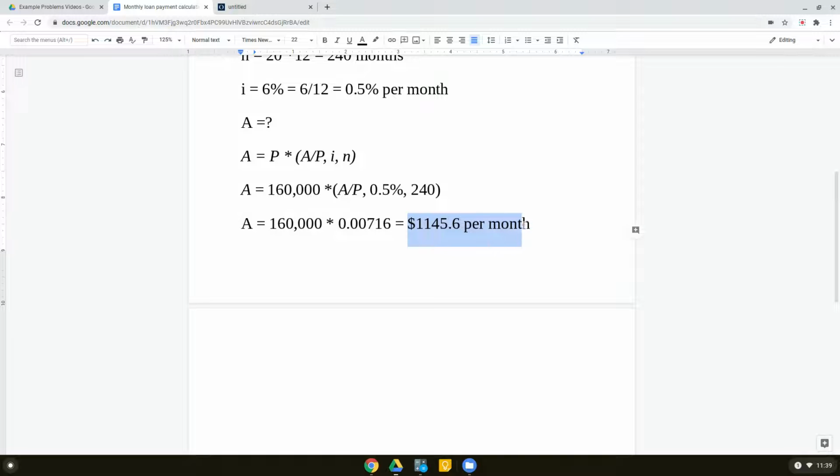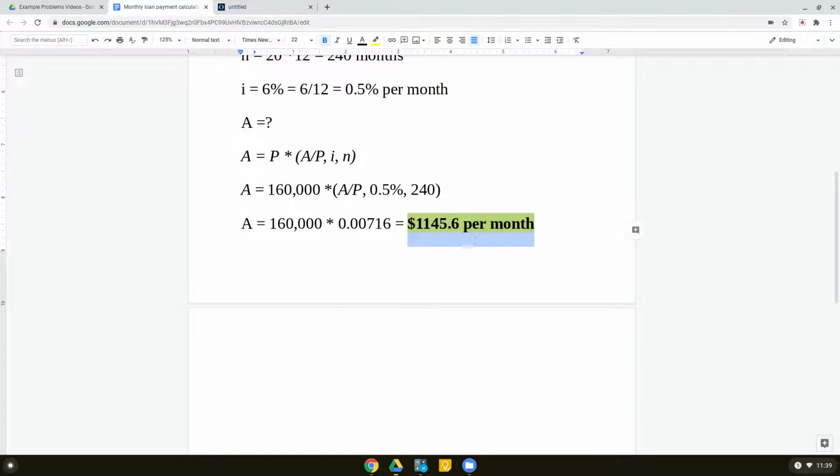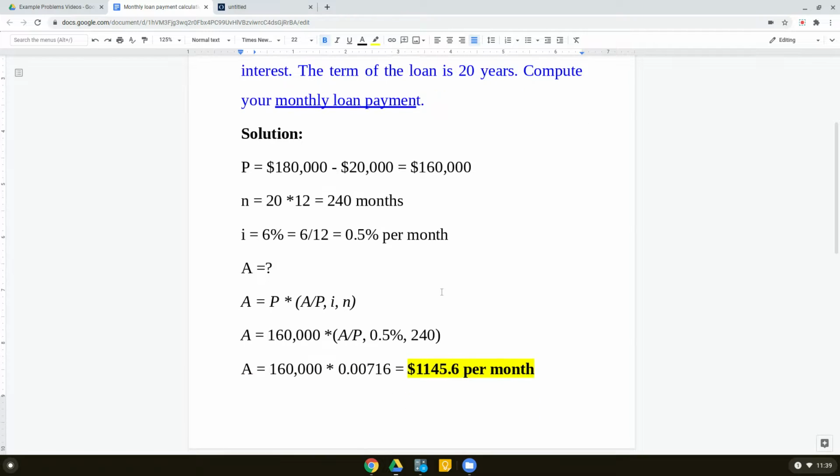So that's our final answer. That's the monthly payment you will have to make for 20 years to pay back your loan completely. So that's where I will stop. Thank you.